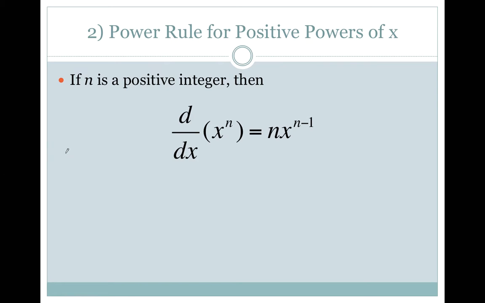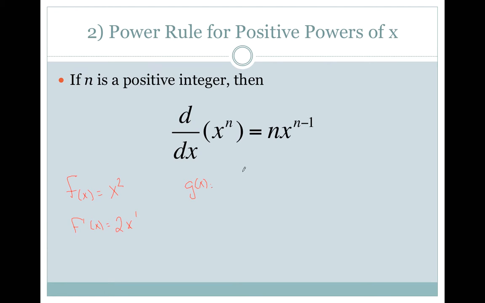And you may have started seeing that pattern. If f of x is equal to x squared, the derivative of x squared is, let's see, that 2 goes to the front, and you reduce that 2 by 1, which is what this is saying, becomes 1. So the derivative of x squared is 2x.